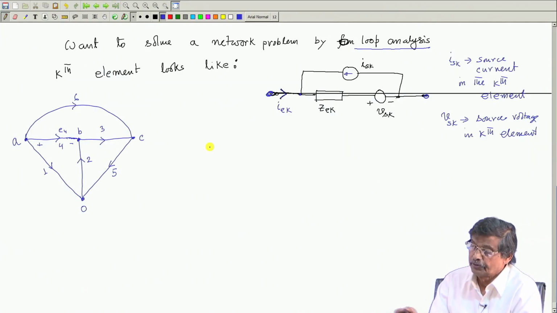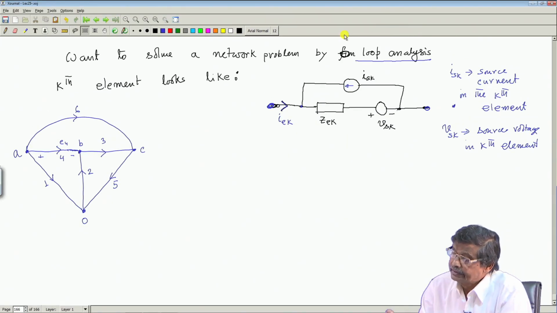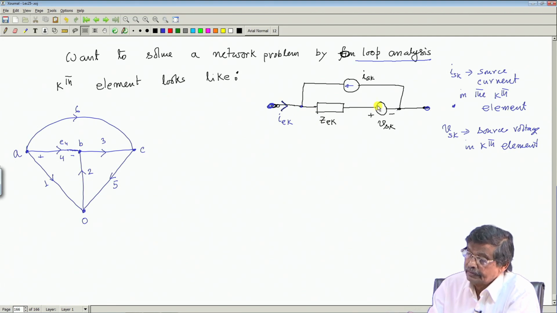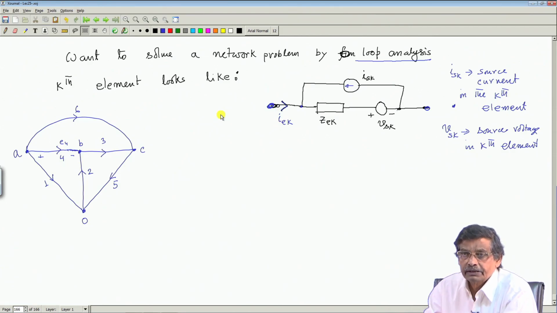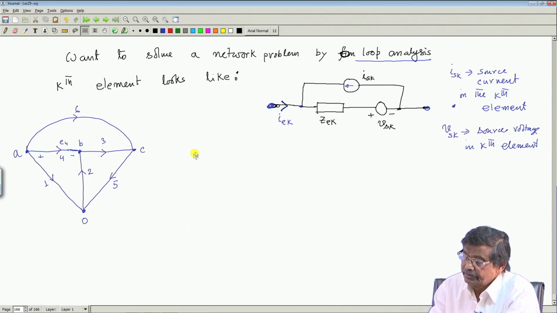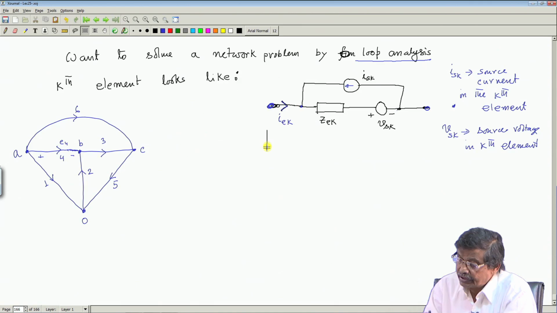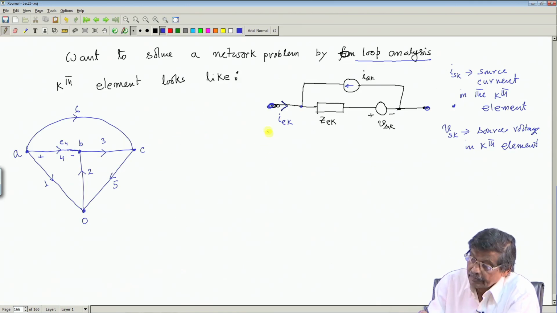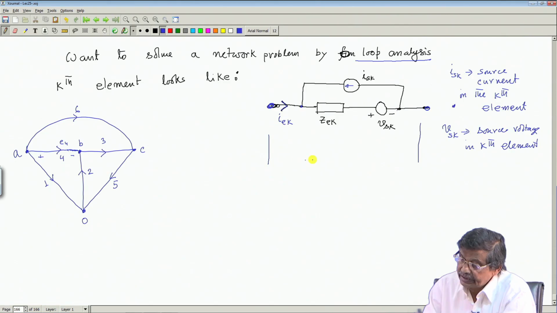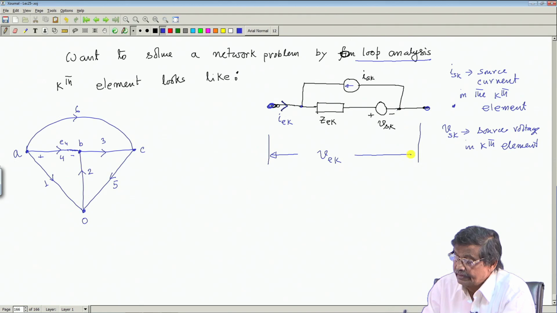So first, ISK is the source current. This arrow I will put so that it also injects current like IEK. IEK are those currents for which we have already found relations. And this is the voltage across this element. VEK is this voltage, and we assign plus here, minus here.